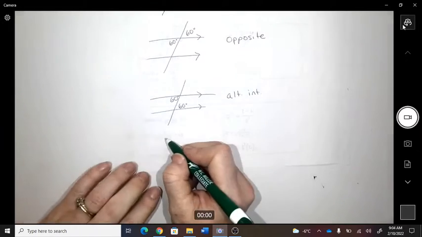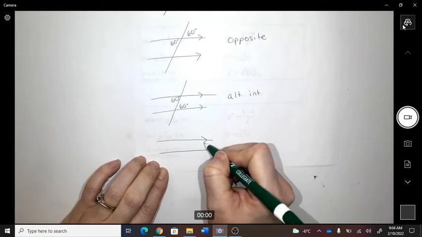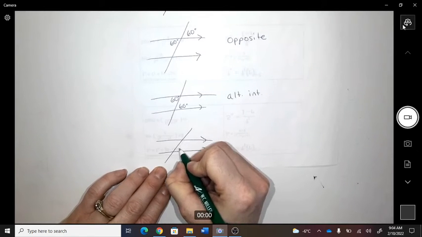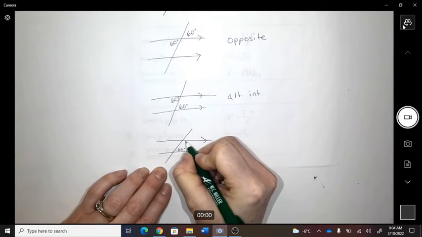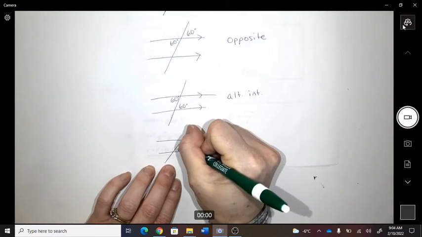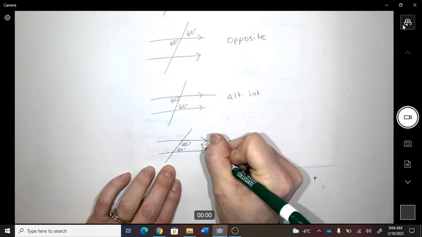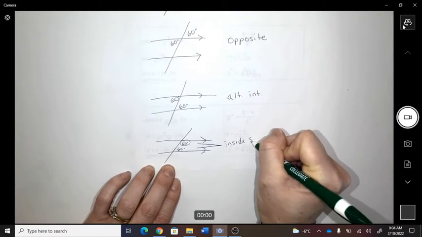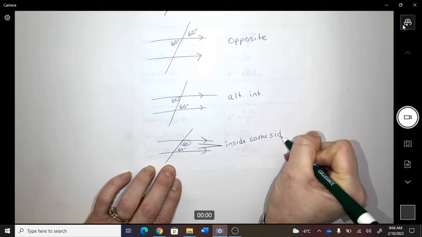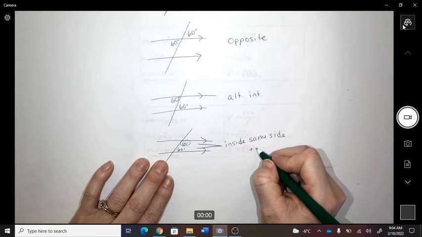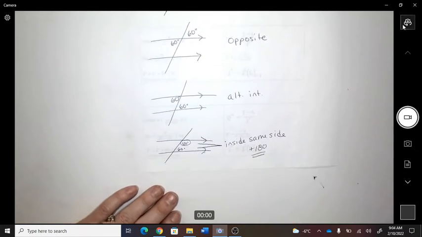And then if these are parallel and you cut, and this is 60, what is this angle? 120, because if these are parallel, inside on the same side, sorry, there's no definition on that, just inside angles, same side, are supplementary.